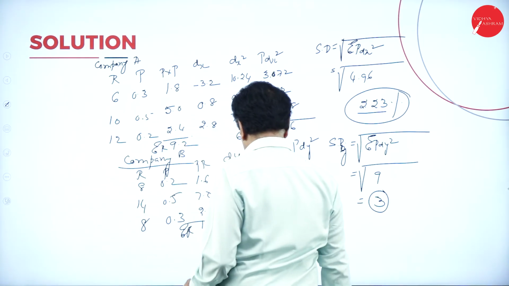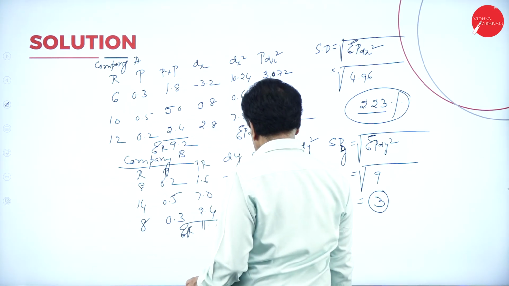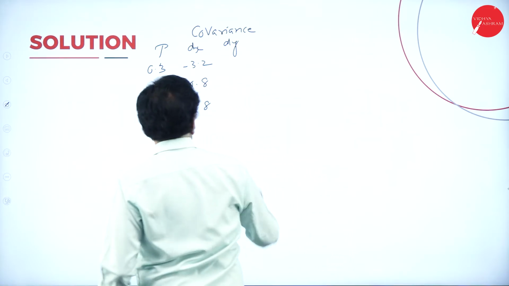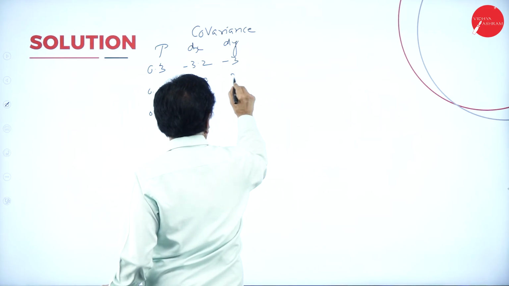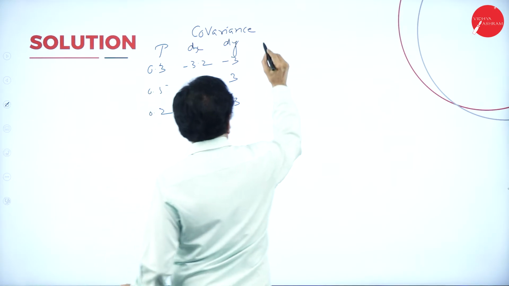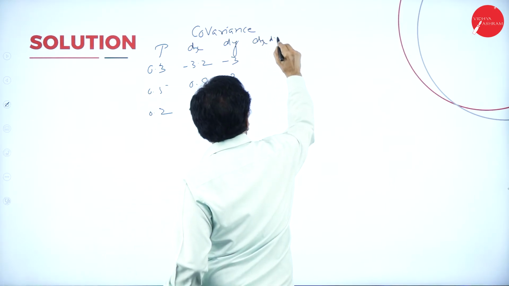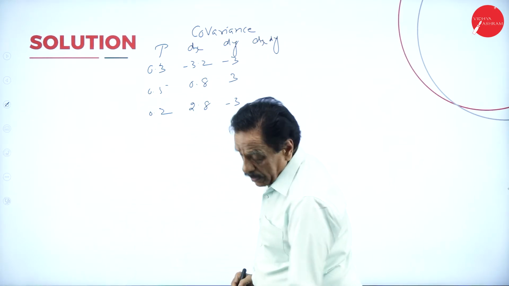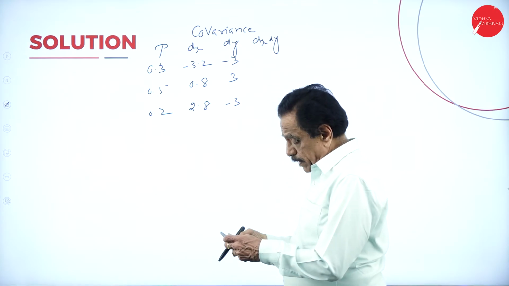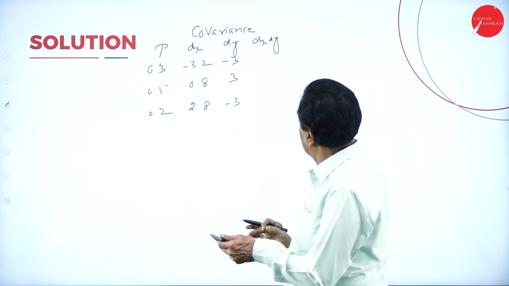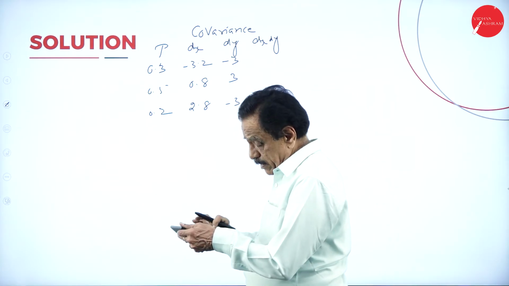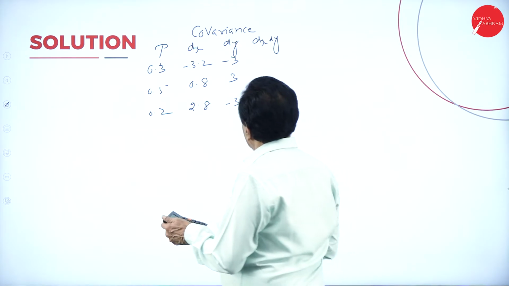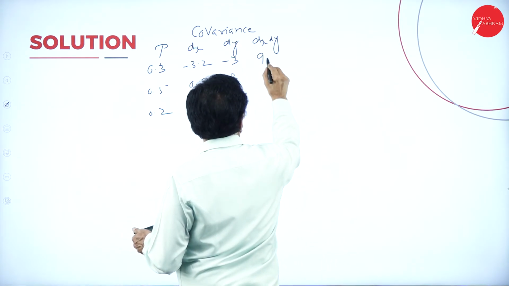Deviation of y is minus 3, 3, minus 3. Then dx dy: 3.2 into 3, minus into minus, is 9.6.